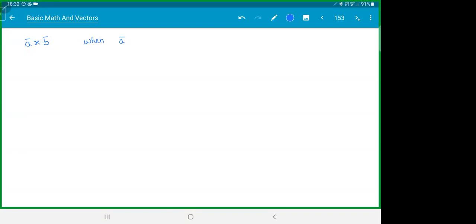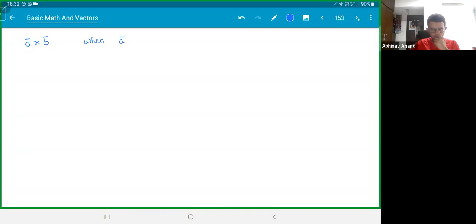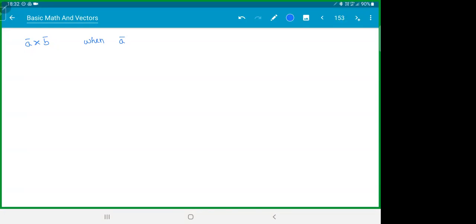I have not taught you anything like that, Abhinav. No, because in the homework the area of a parallelogram, we have to use cross product. Okay. Cross product, we will do it today.